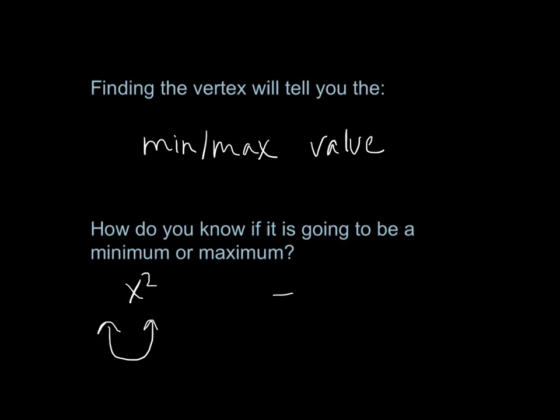If I had negative x squared, it was a U shape facing downward. In the first case, the vertex would be a minimum. In the second case, my vertex would be a maximum value. So what coefficient or constant is going to tell us if it's a minimum or maximum value?